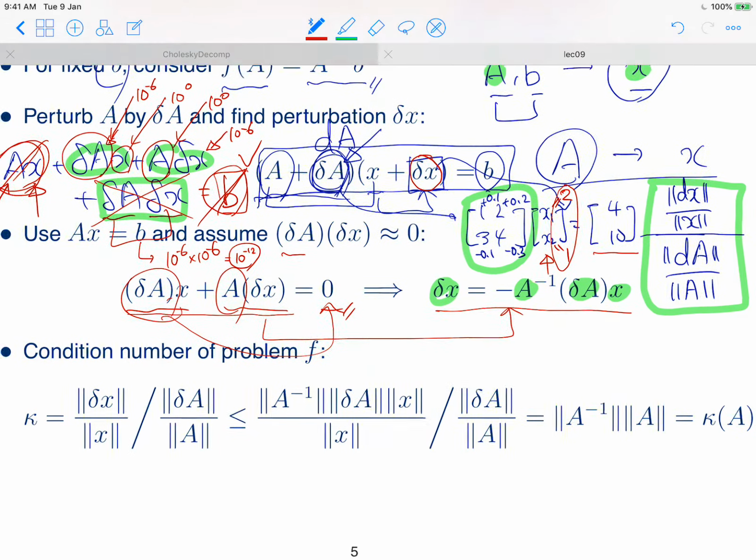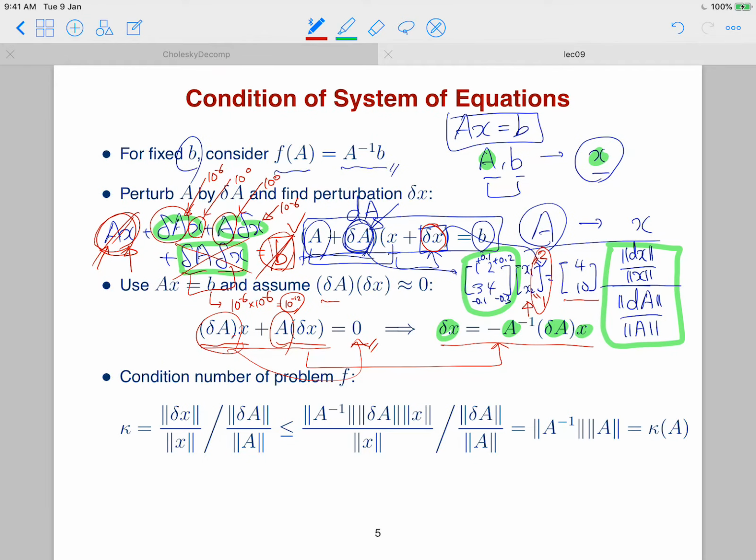Okay, so given this equation, we can now derive our condition number in this scenario. This is the original definition that I just wrote over here, and this delta x is a product of these three parts.